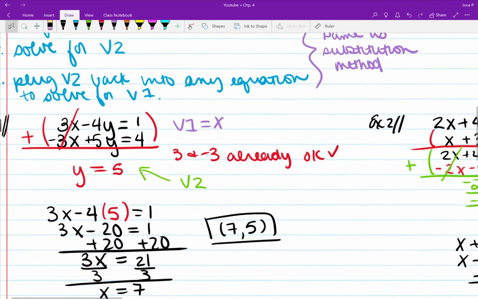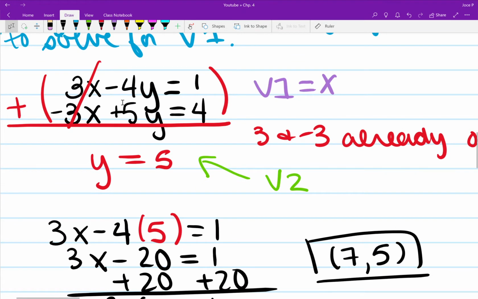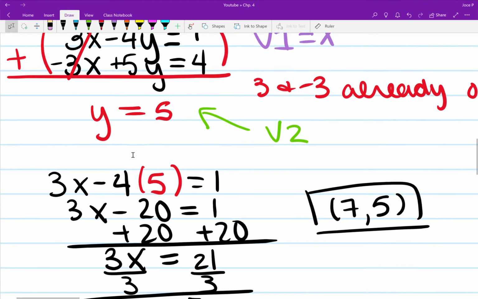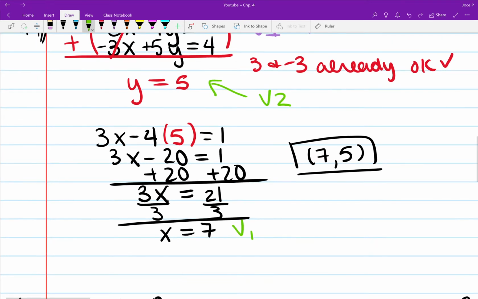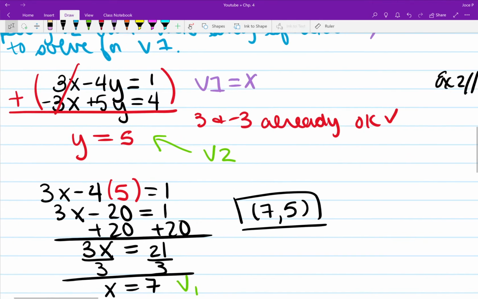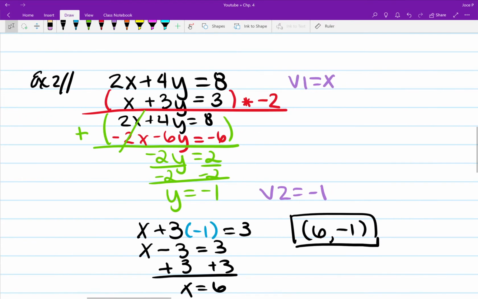So we added the two equations and we get y equals 5. Y is now V2. Step 4, we are going to plug it back in, just like in substitution, and do the algebra to find out what V1 is equal to. V1 is 7. Cool. Let's move on to example 2 and then we'll try our own.